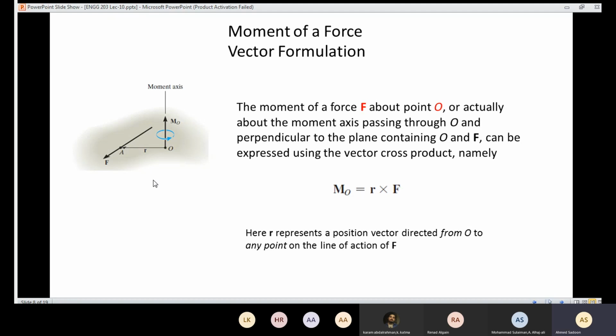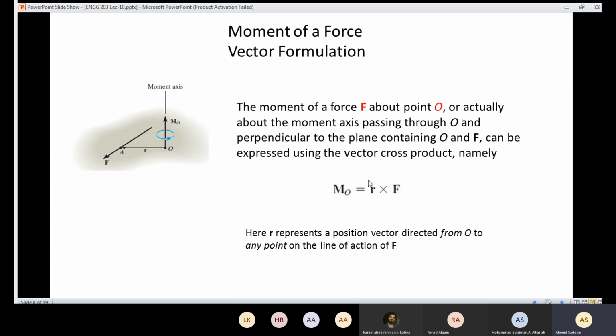Notice that since the moment is going to be directed perpendicular to that plane, we could express the moment vector as a vector cross product. That is why I gave you a revision about the properties and how to deal with the vector cross product.